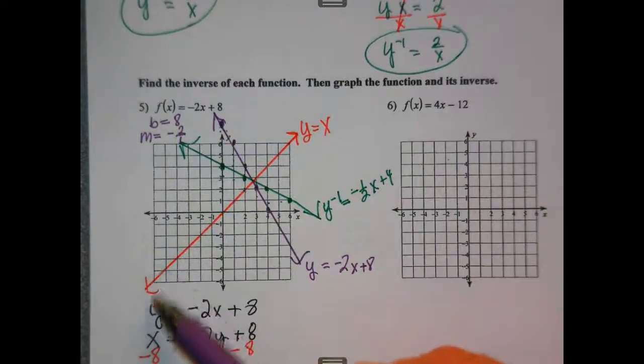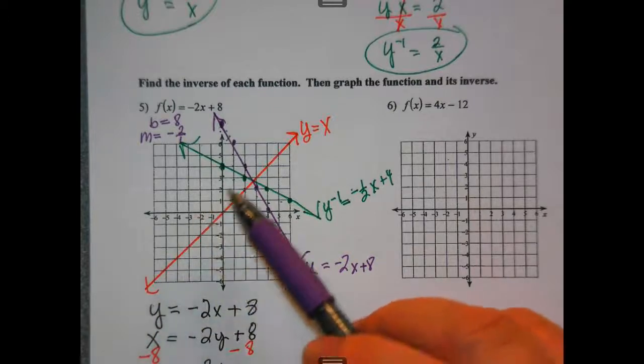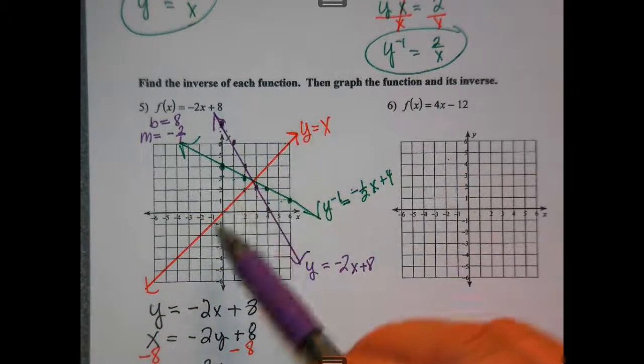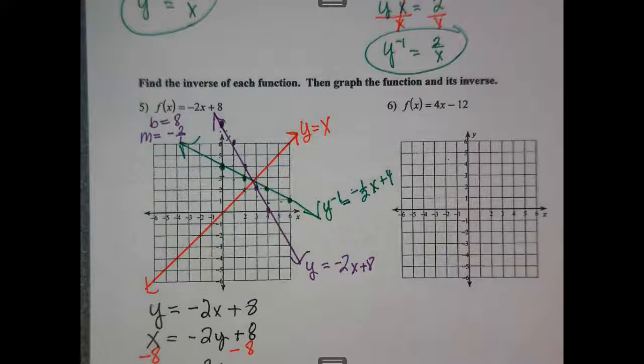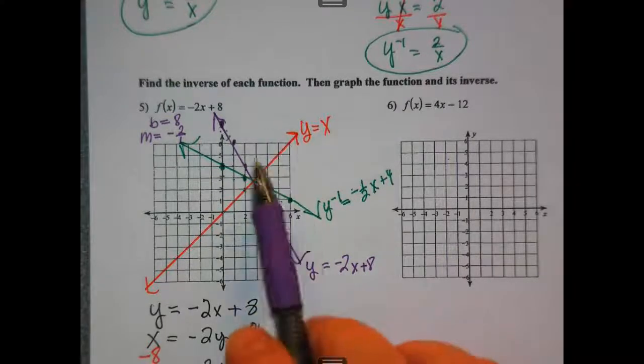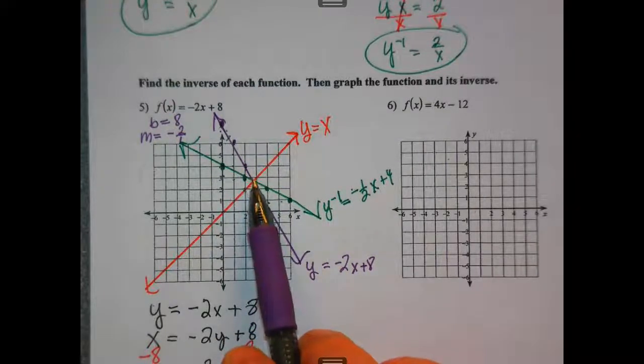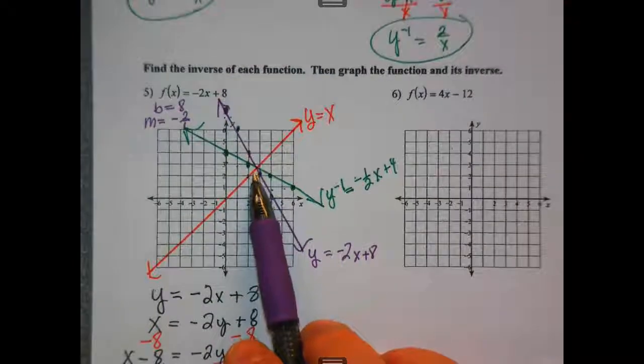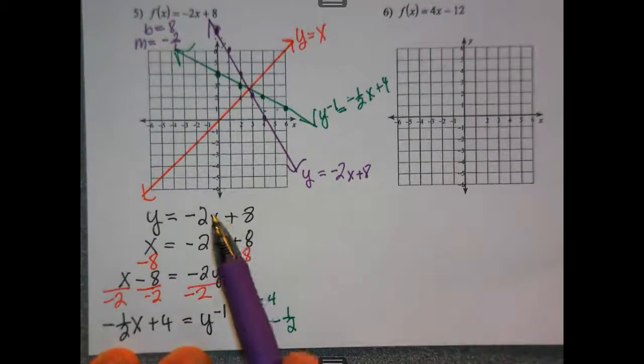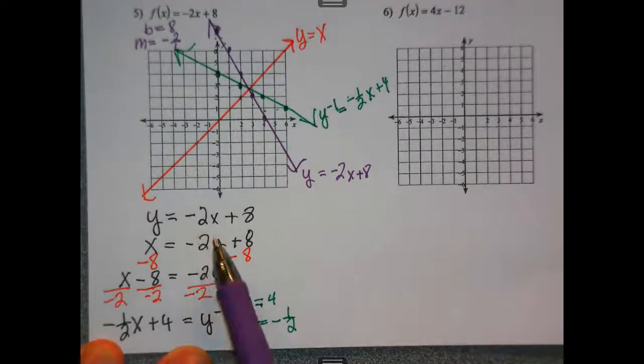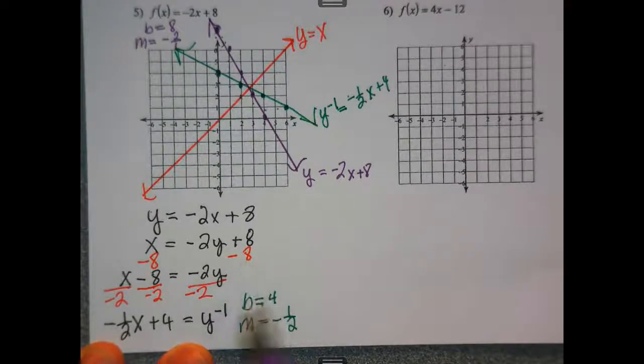Then I put the y equals x line in there. Instead of trying to reflect it, because I'm not very good in geometry, I algebraically found the inverse function by switching the x and y and solving for y. I got -1/2 x plus 4 equals the inverse of y.